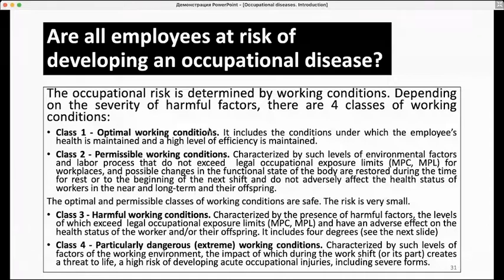So, class number 3 and class number 4 generally are characterized by the fact that the concentration and levels of harmful factors are exceeded here. That's why such employees can get an occupational disease or injury or trauma or poisoning.